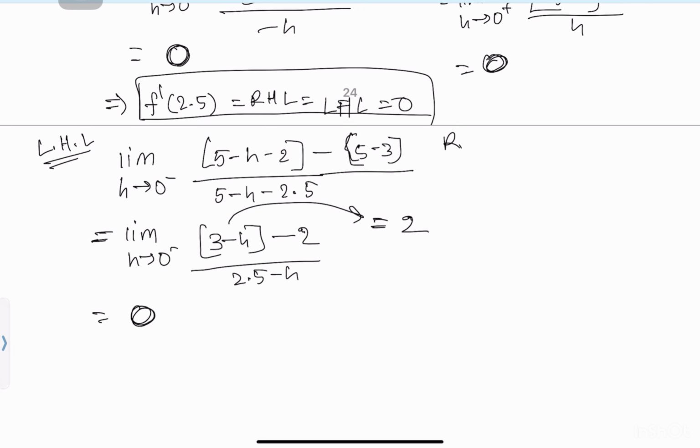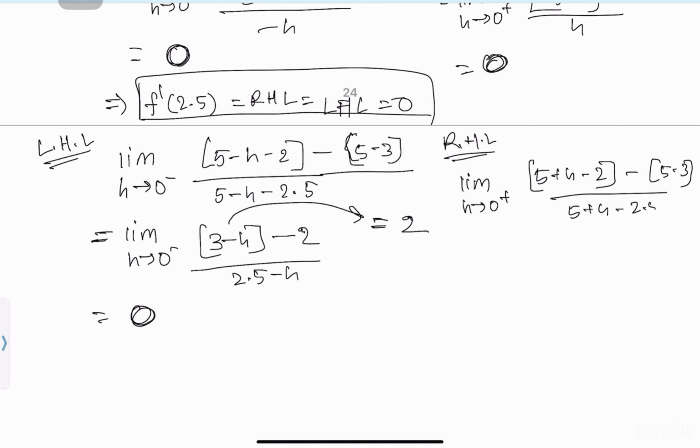Now find the right hand limit. Limit h tending to 0 positive, box of 5 plus h minus 2, minus box of 5 minus 2, divided by 5 plus h minus 2.5.